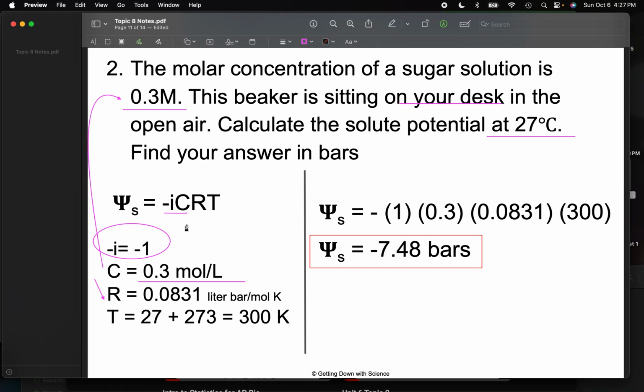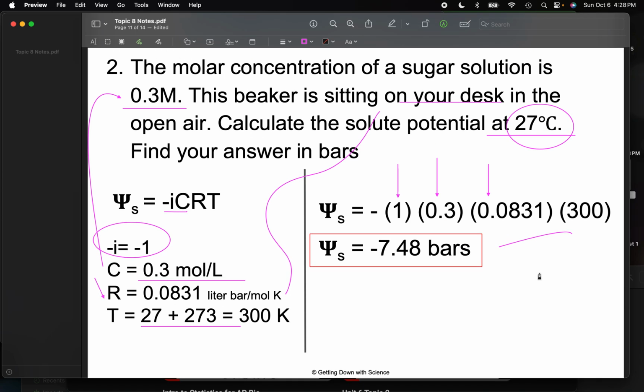Sitting on our desk, so that's our pressure. Boom. And then temperature, right? Which is just 273 plus whatever the temperature is, 27 degrees Celsius. Once you plug them all in, you just put it into your calculator and you come up with negative 7.48 bars.